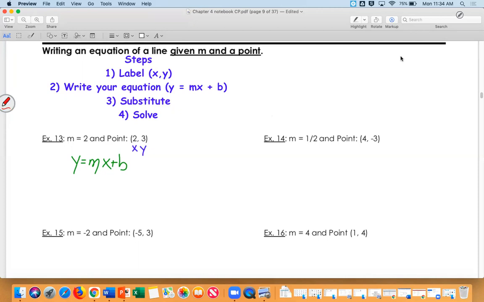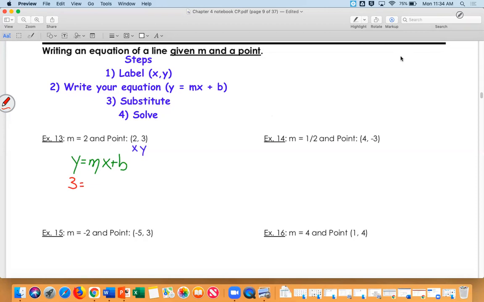What's step number 3? Substitute. Now, what is y? Look for the letter y that I wrote and tell me what it is. It's 3. So instead of writing y, I'm going to write 3. What is m?